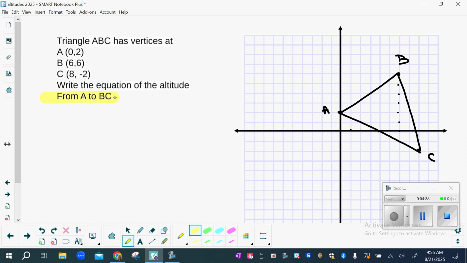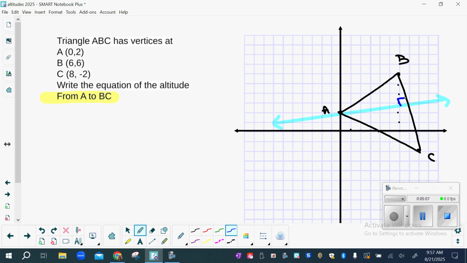It's going to go right from here and go shoo, just like that. So you start at point A and head to BC, and it's going to make a perfect little right angle right here. Perfect little right angle, right?